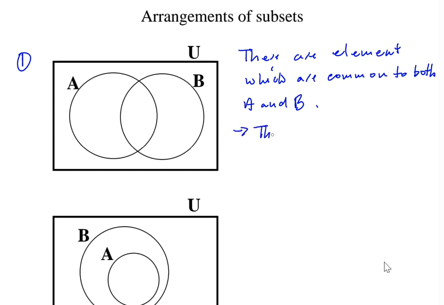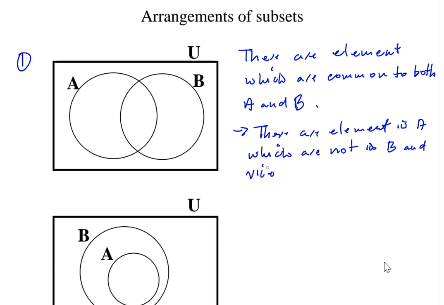So maybe we could put that down. There are elements in A which are not in B and vice versa, meaning that it's true the other way around. All right, arrangement 2.